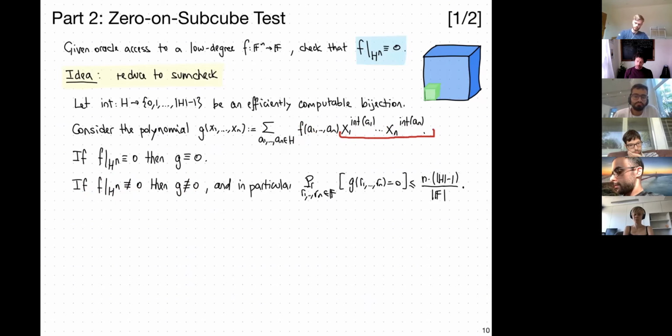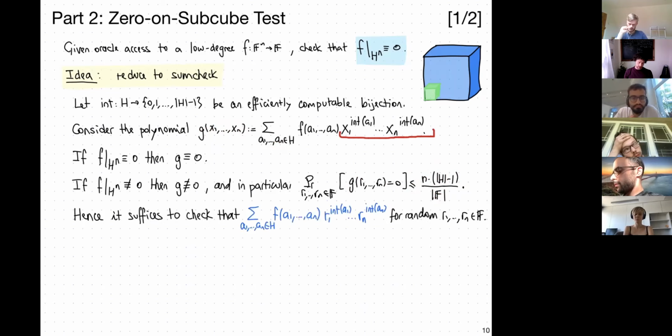By the Schwartz-Zippel lemma, the probability that this polynomial takes the value 0 at a random point is at most the size of the domain times the number of variables divided by the size of the field. So that's the idea.